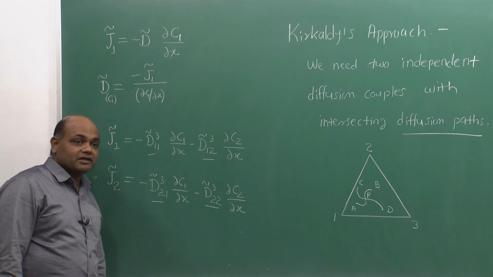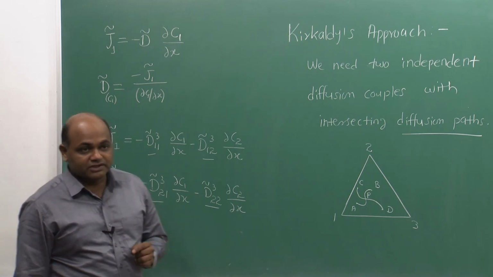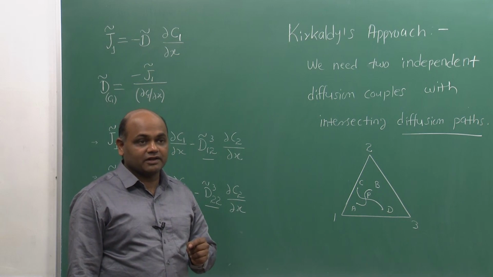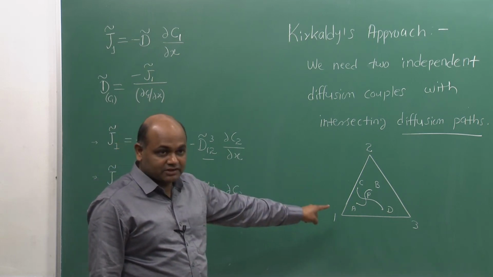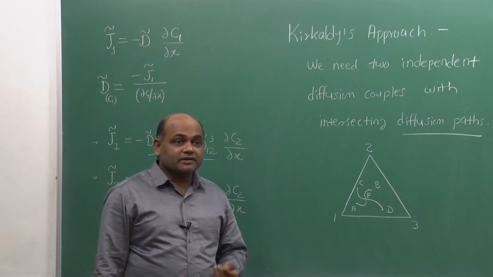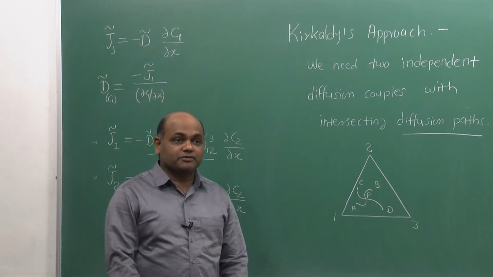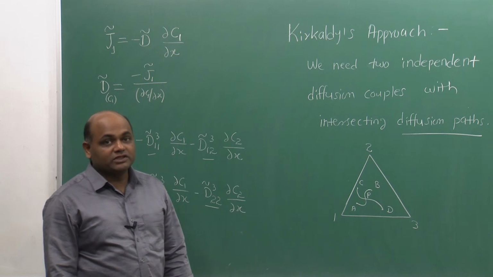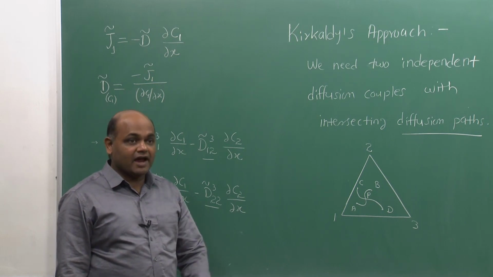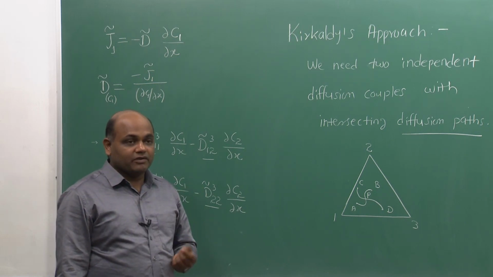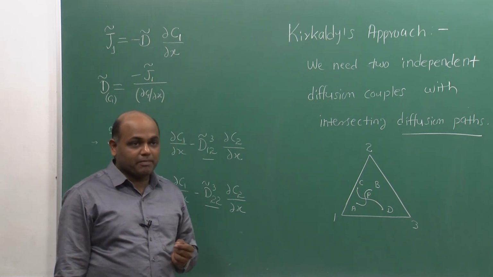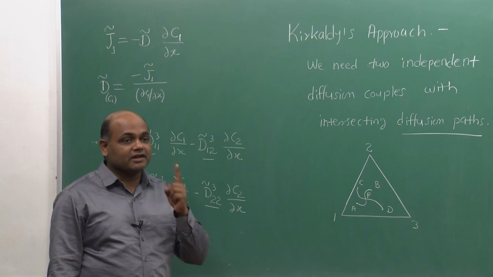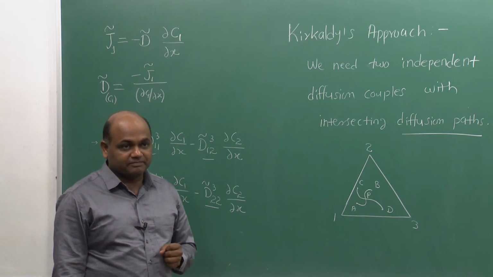So, there are 9 interdiffusion coefficients at any given quaternary composition. If we extend this analysis to quaternary, we will need 3 independent diffusion couples whose diffusion paths will intersect at one point.